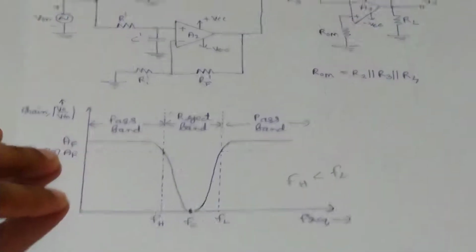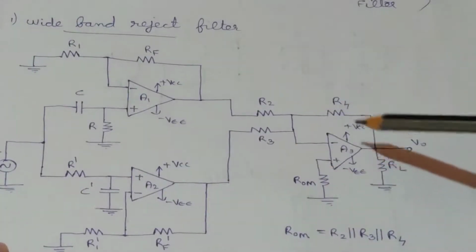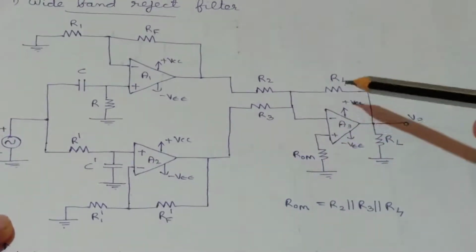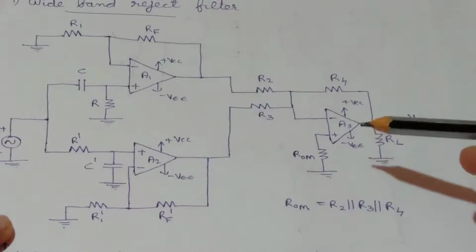Now in this circuit, this section represents a summing amplifier, and this summing amplifier section is not providing any additional gain.